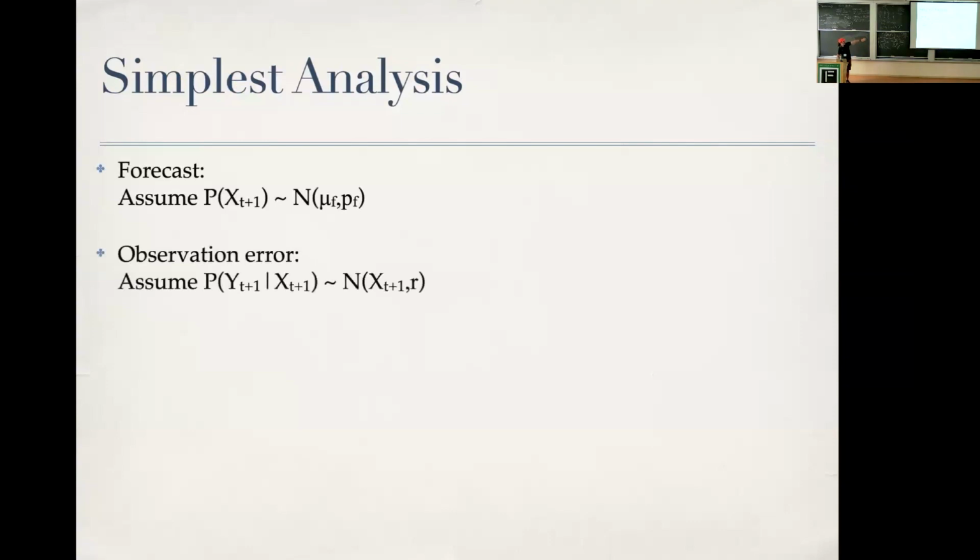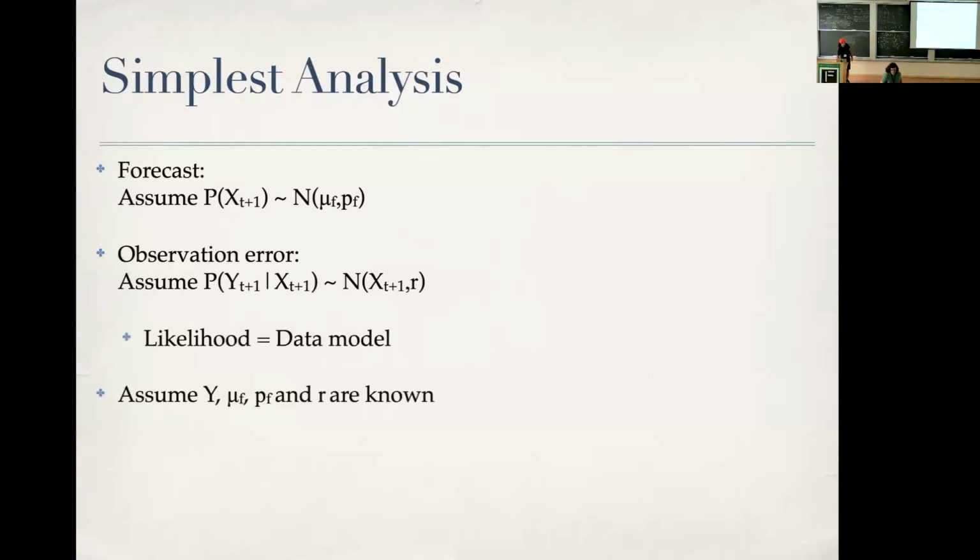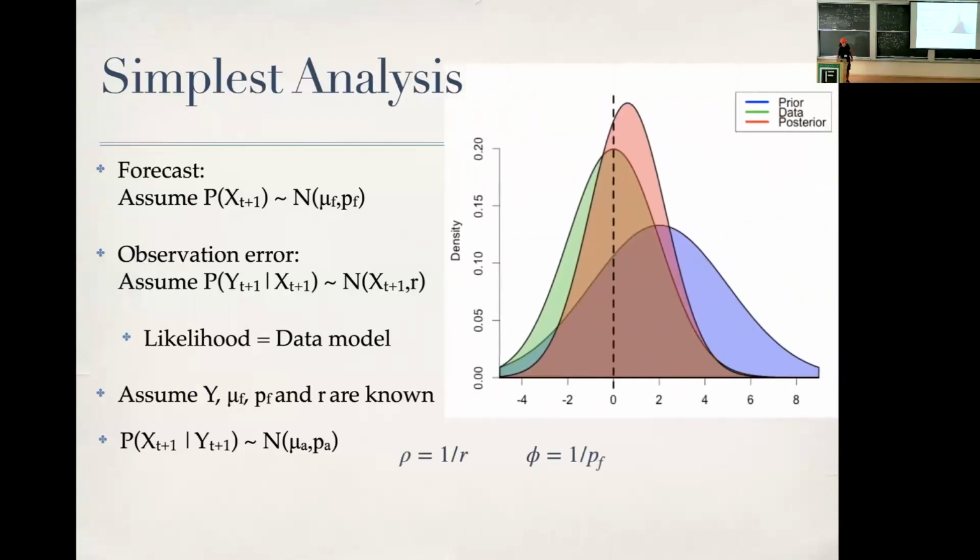We have some observation error. We assume that to be Gaussian. So that's our likelihood. If we assume that the data and the forecast and the observation error are known, then our analysis, our updated understanding of the system, will itself be Gaussian, because we have a Gaussian times a Gaussian. Remember, we went through yesterday that a Gaussian prior times a Gaussian likelihood gives you a Gaussian posterior. And we actually went through the math as well.